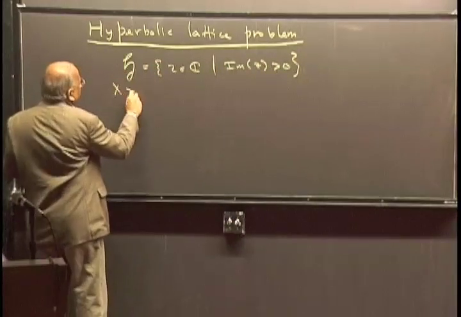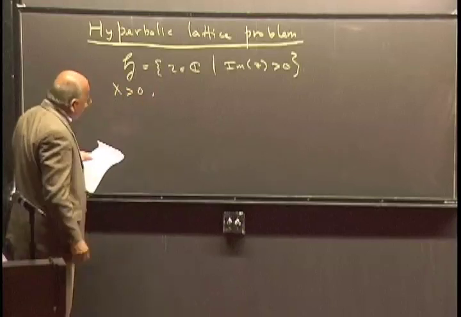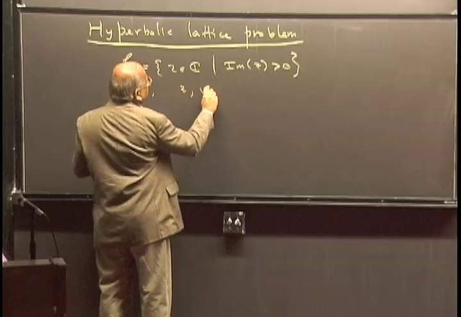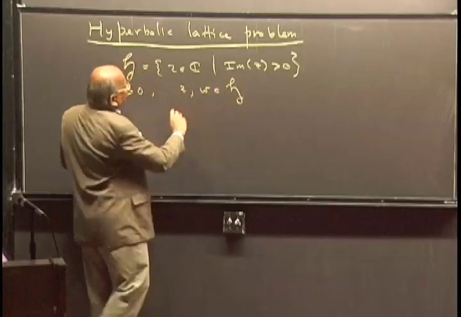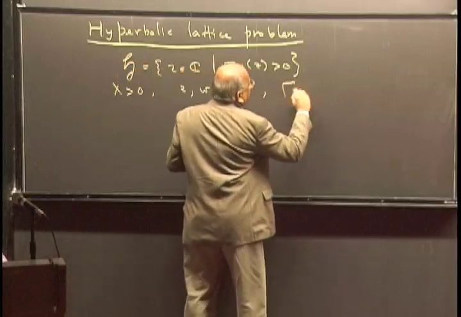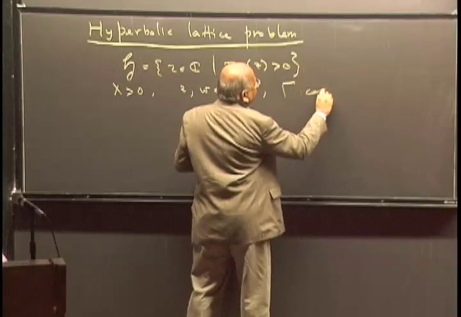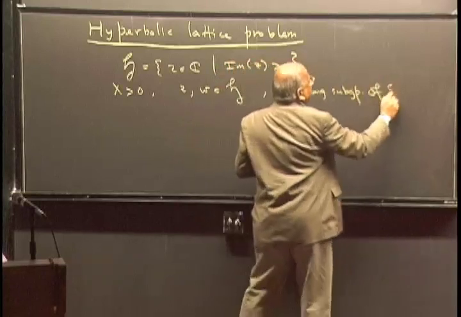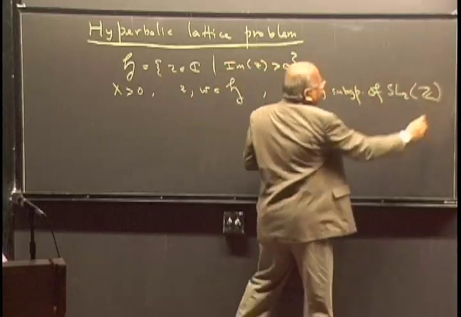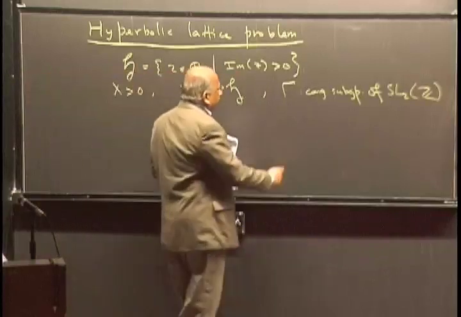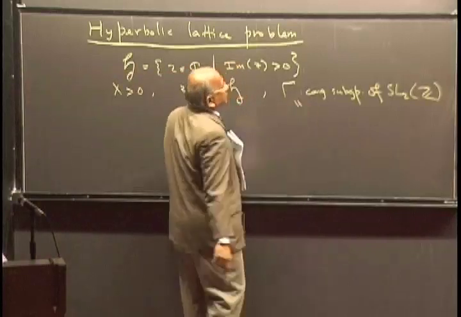You pick some positive real number, and you pick Z and W in the upper half plane. If you like, you can take W to be i, and then you take a gamma. I'm going to take it to be a congruence subgroup of SL2(Z). The problem can be posed, of course, for any Fuchsian group, but you can make progress mainly for this case.